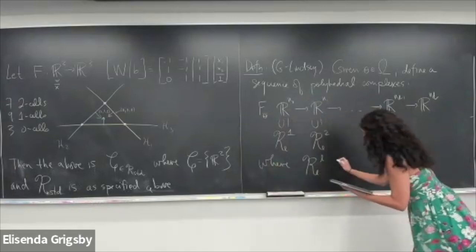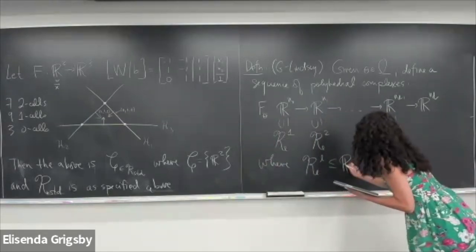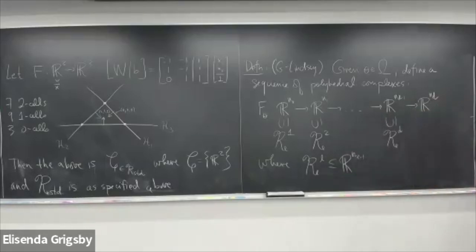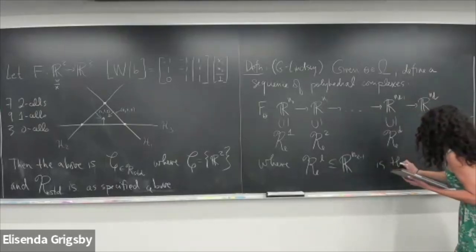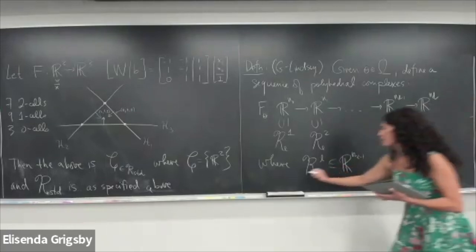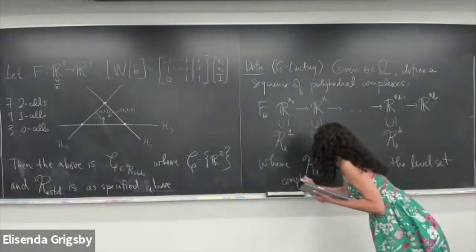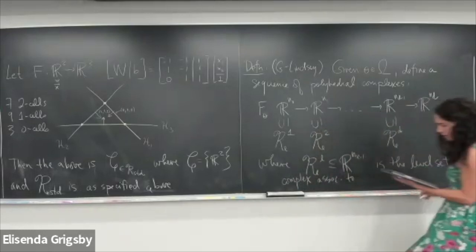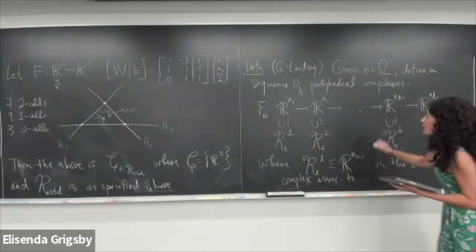R_L, which is in the L minus first hidden layer, is the level set complex associated to the affine linear map.